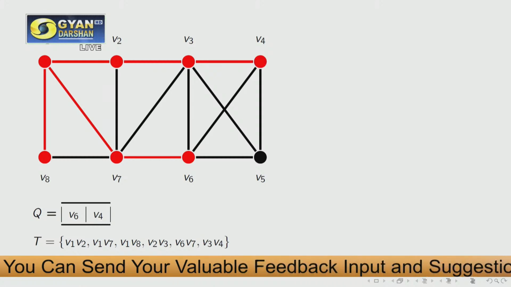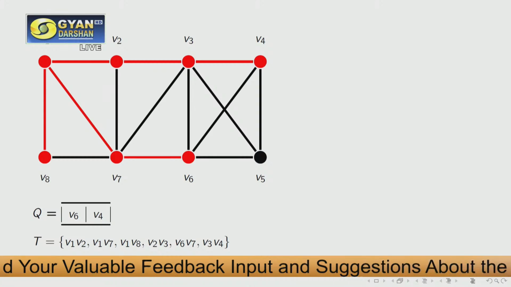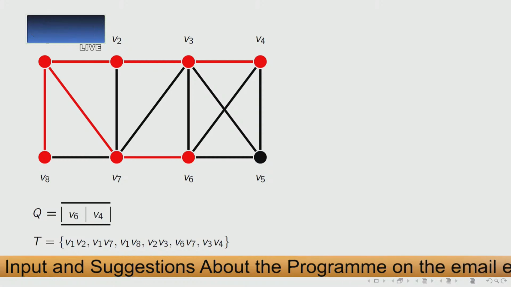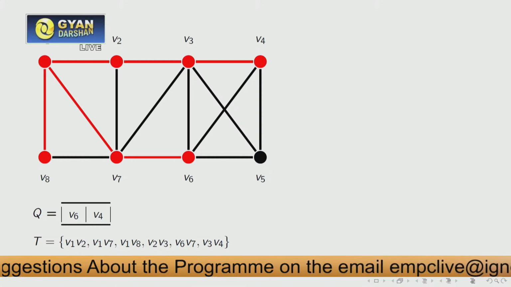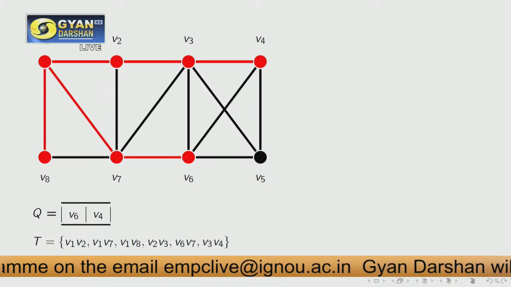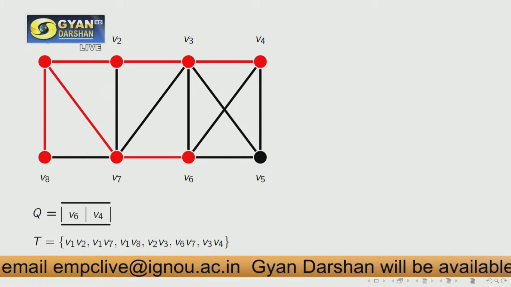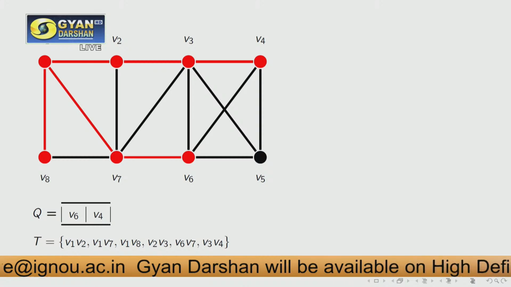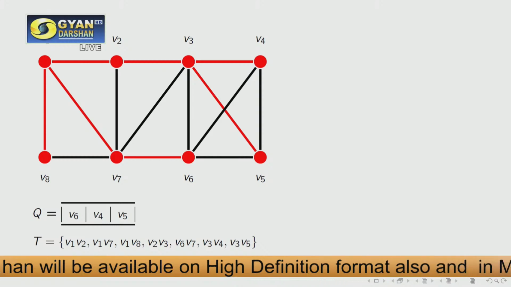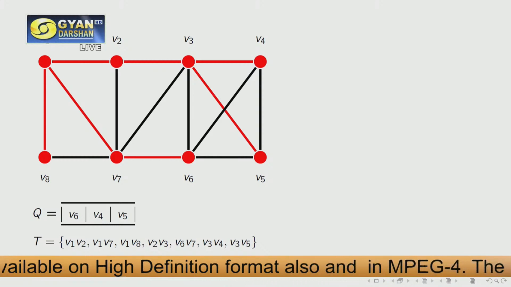So V3 is already removed, and V4 has been inserted in the queue, and the edge V3, V4 has been added to T. Okay, and next we visit V5. So V5 is added to Q, and the edge V3, V5 is also added to T.